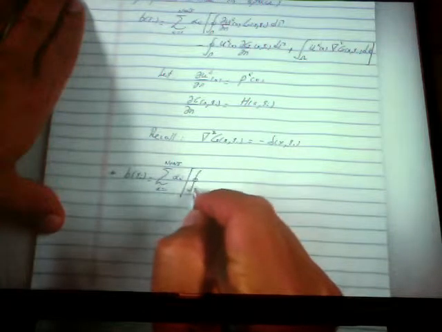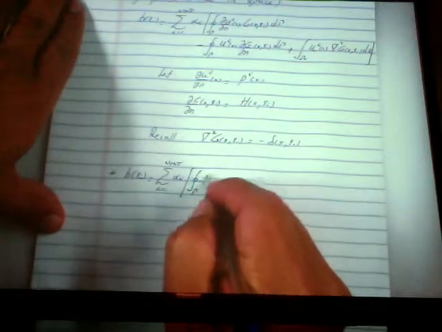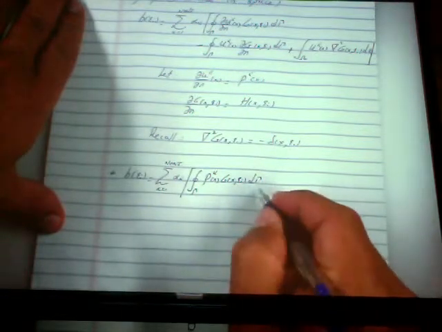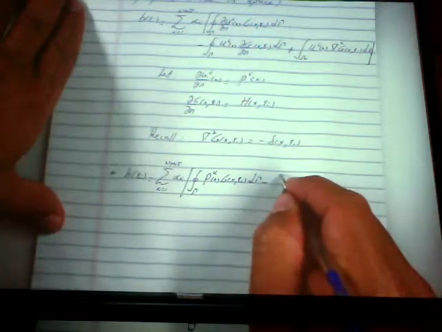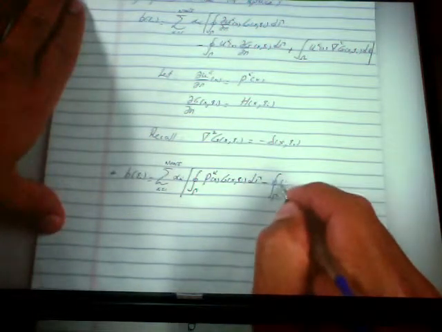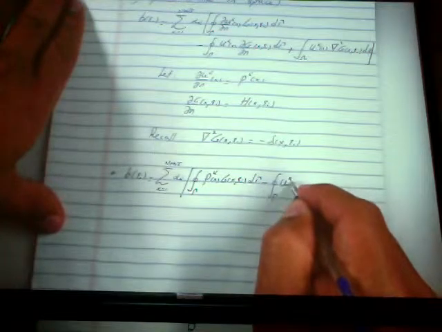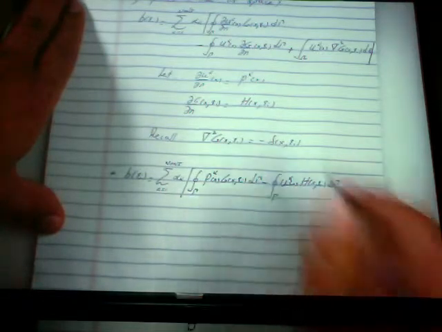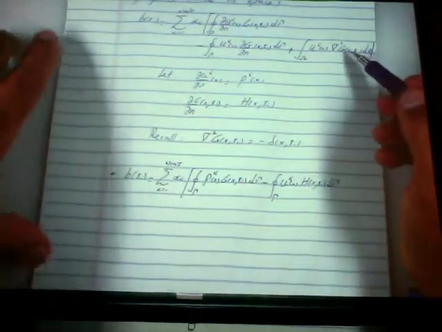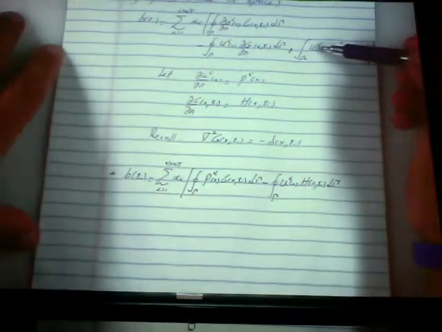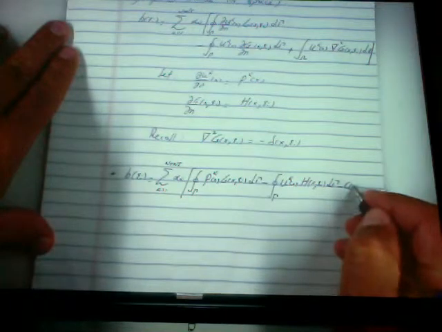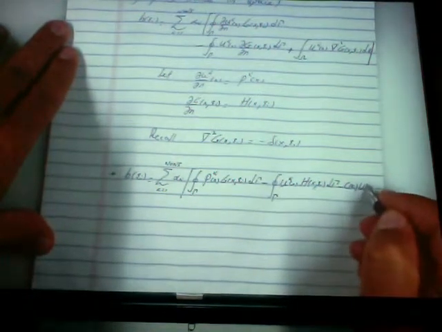Now we have the integral over the domain of pk of x, g of x and xi, psi, minus the integral over the boundary of uk times h of x and xi. And this integral right here, which is equal to the derivative of the function, it goes away because we're multiplying now a function times the derivative of the function. This will be minus c times uk at xi I.